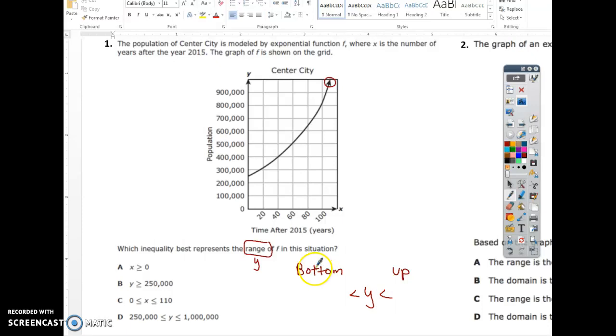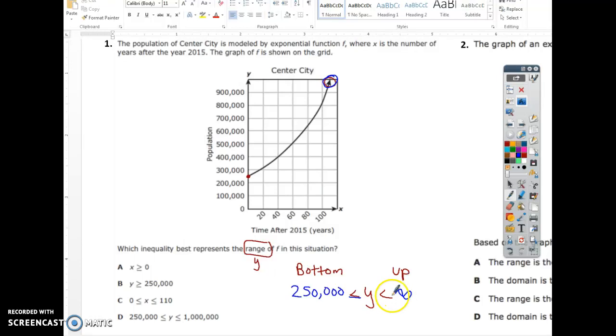So from the bottom, what is the lowest point that it goes to? Okay, that looks like about 250,000. Okay, and we're talking about the population. Okay, and it equals to it. And it goes all the way up to infinity. Right?